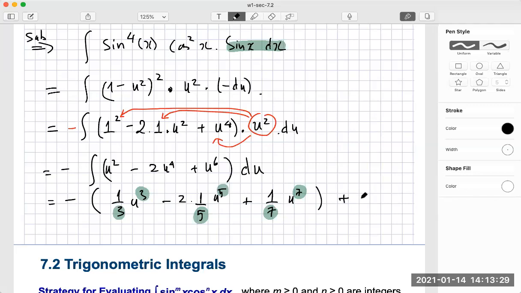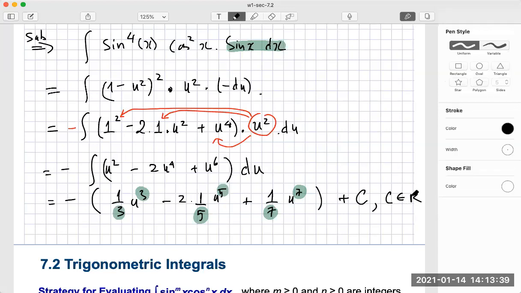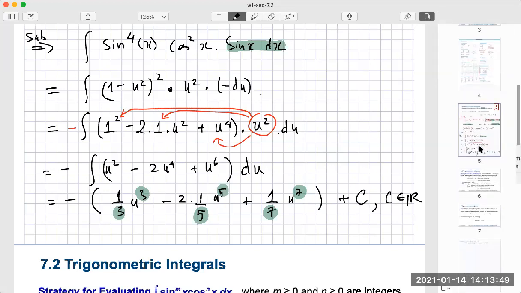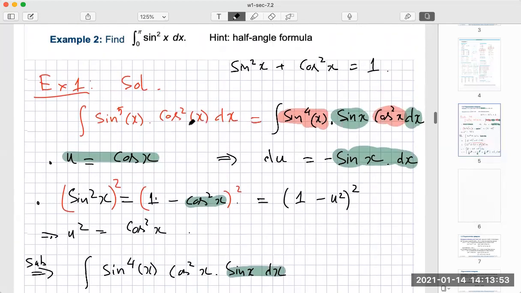Remember, this is an indefinite integral. We need to add a constant. And this constant belongs to the real line. Okay, this is a constant. But what we found is the formula depending on u, and the original question asks us to find it in terms of x, right?